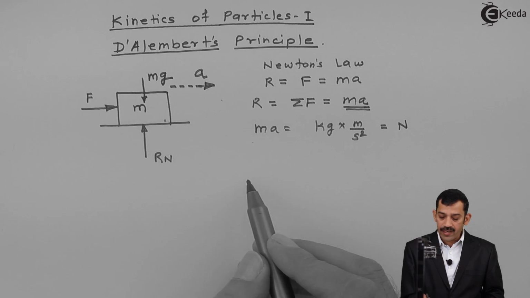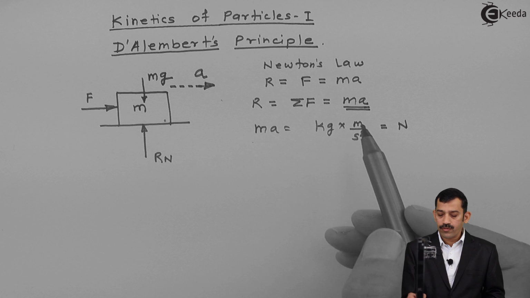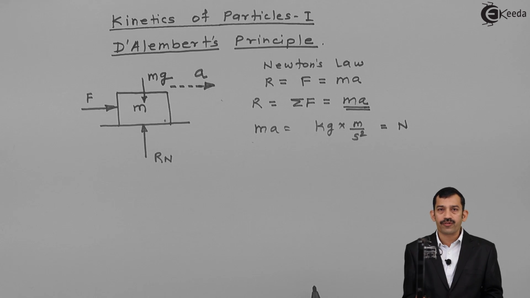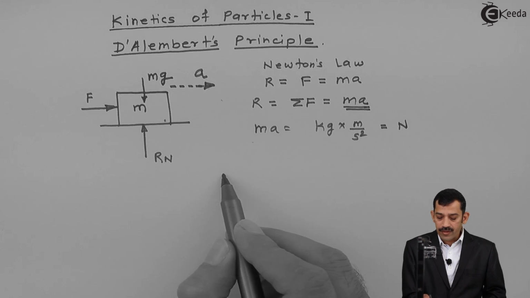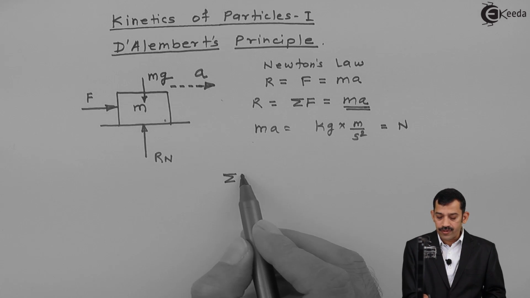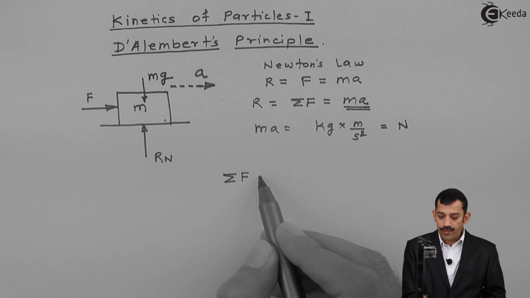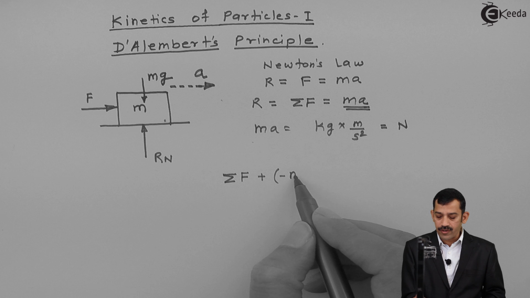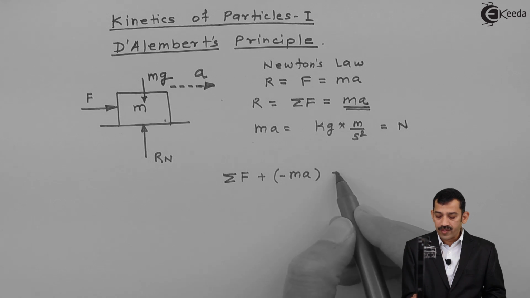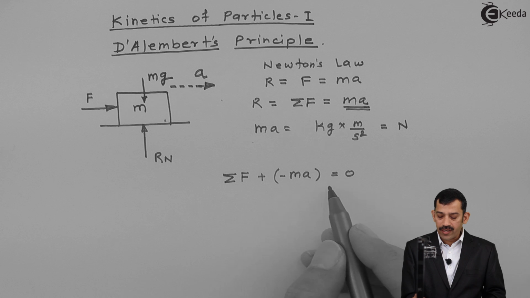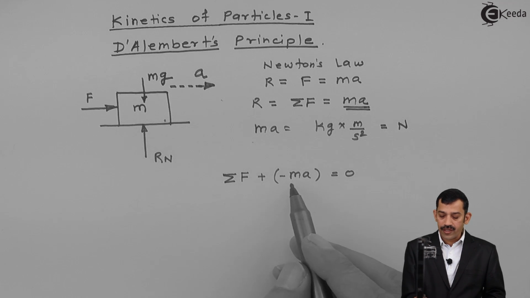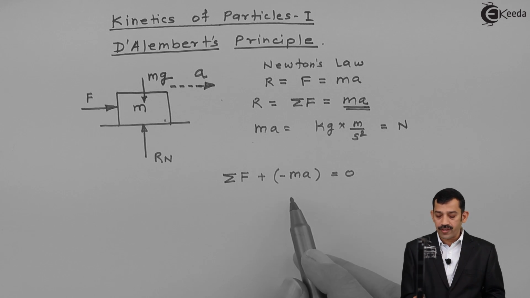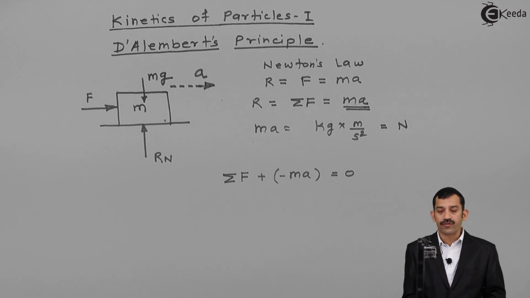If I take this ma term to the left side, because it is a force, we write all forces on one side of the equal sign. So this is summation of forces plus, now the ma term with a minus sign because it is acting in the leftward direction, equal to 0. That means the summation of all the forces including this ma with negative sign equal to 0.